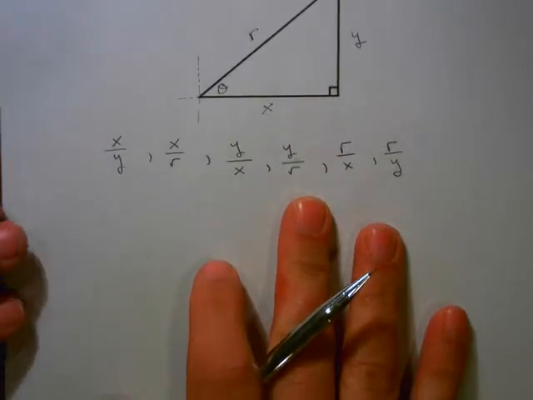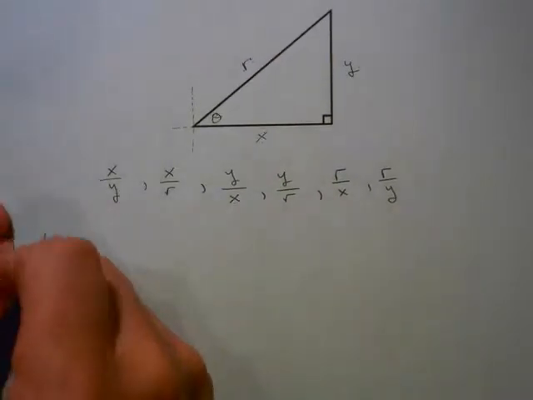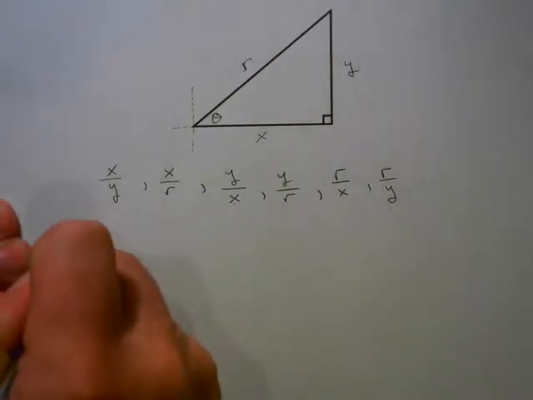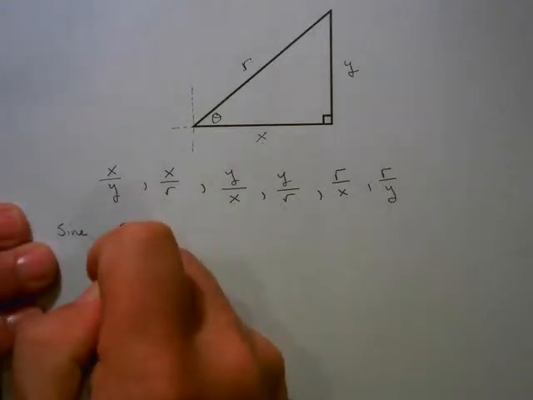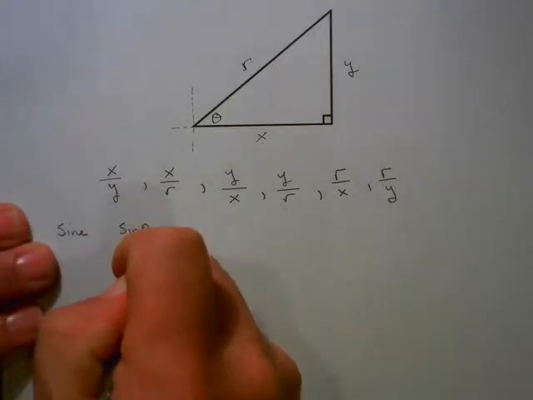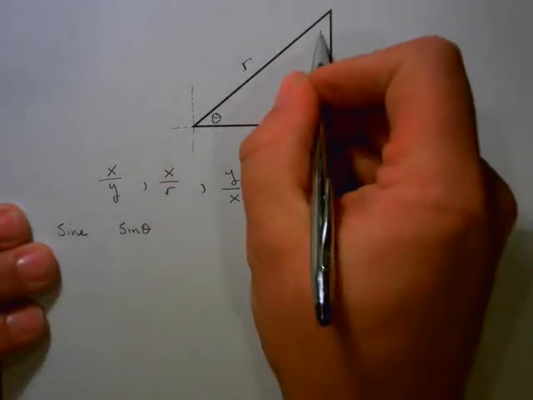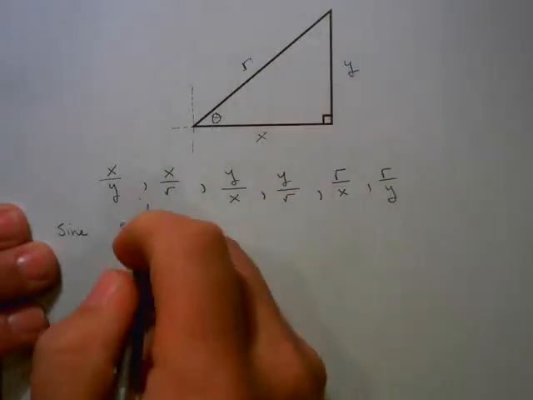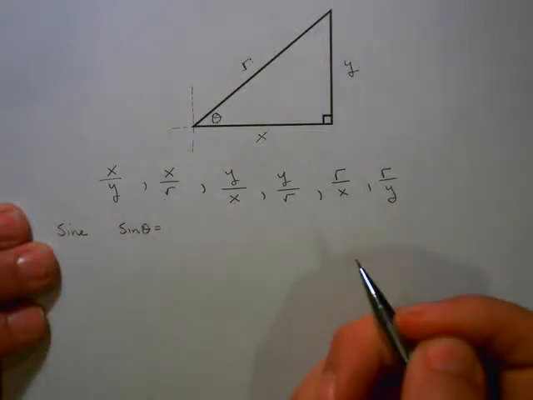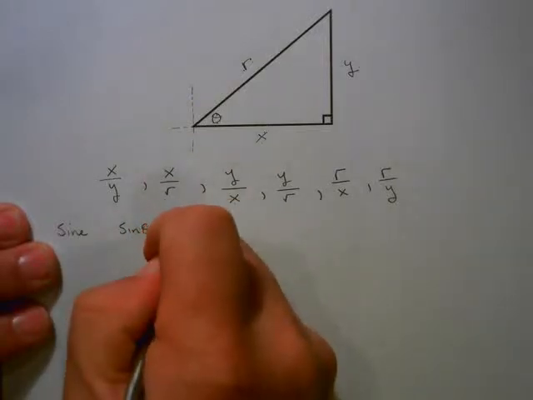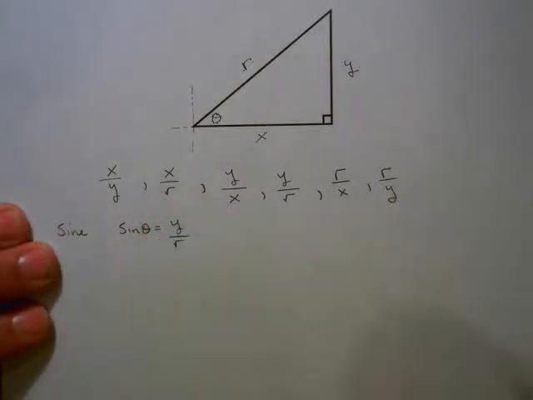So what we have is sine, which is abbreviated SIN, of some angle. We're using this angle, because if we refer to the angle up here, it's going to change. So sine theta equals y over r.